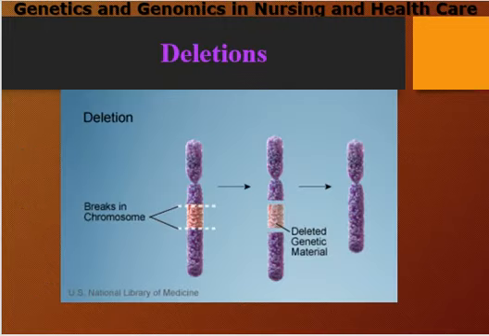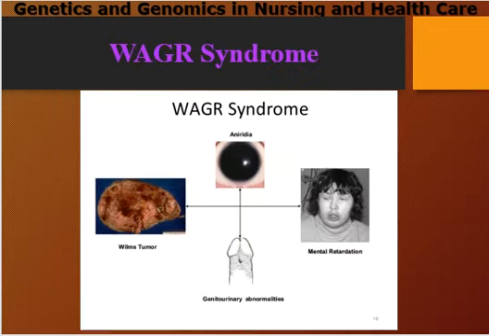Okay, so a deletion: you've got a chromosome, you've got a break in the chromosome, that deleted genetic material gets lost, then the chromosome fuses together. You can see it's shorter and it has less of the genetic material than it started out with. Okay, or less than it should have. Okay, so WAGR syndrome. The W stands for Wilms tumor, because this is what these affected individuals have.